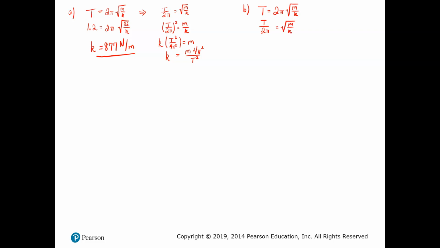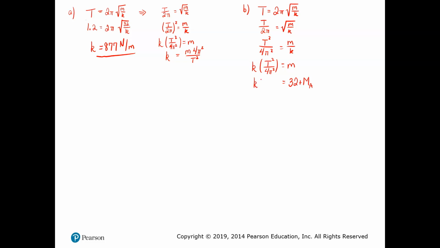Again, I'm going to square both sides, so T squared over 4 pi squared is going to equal m over k. So the mass is going to equal the spring constant times the period squared over 4 pi squared. Now, this mass, it's important to recognize, is going to be the mass of the chair plus the mass of the astronaut.